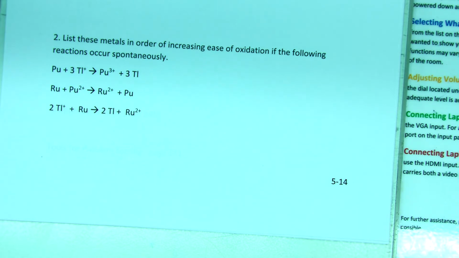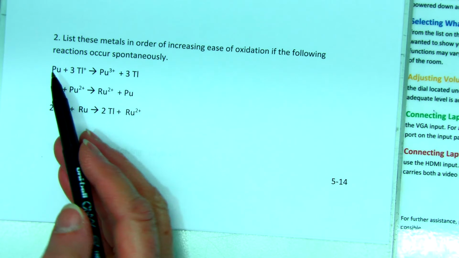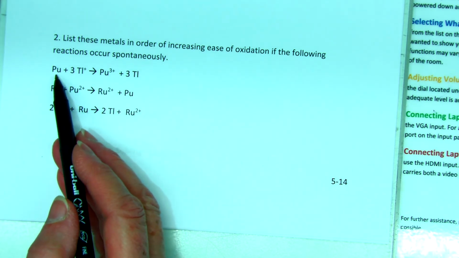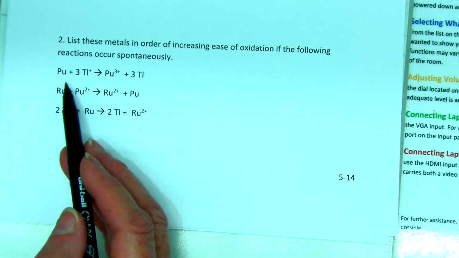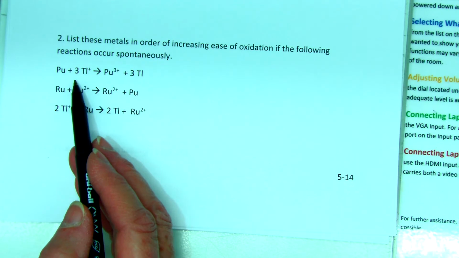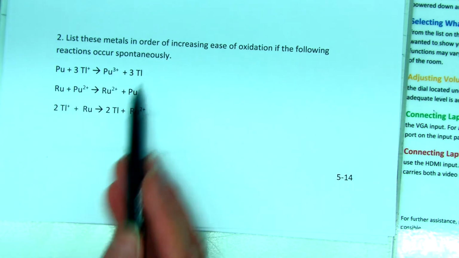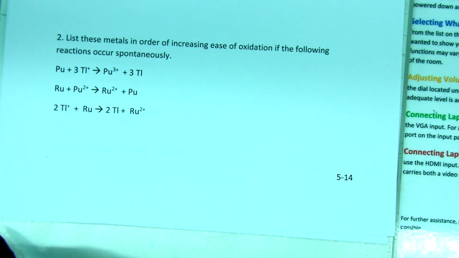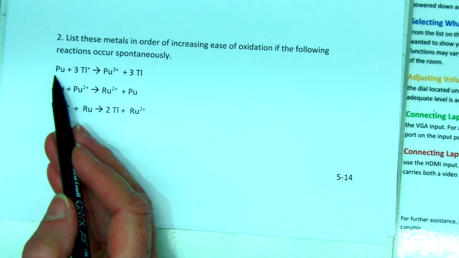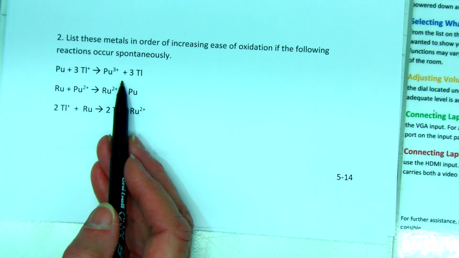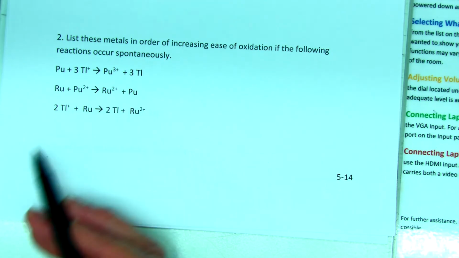So now with that in mind, what information does this equation tell you about the relative reactivity and oxidation ease of these two materials? Which one of these things, we're only looking at the first equation, is more active? Pu.